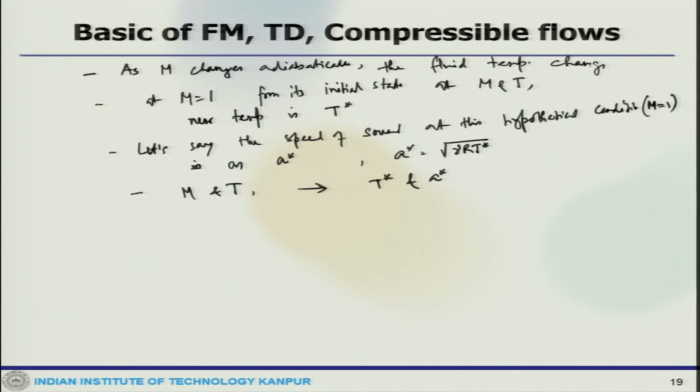So, let us consider again the same fluid element at A. Now, imagine that we isentropically slow this fluid element to 0 velocity.